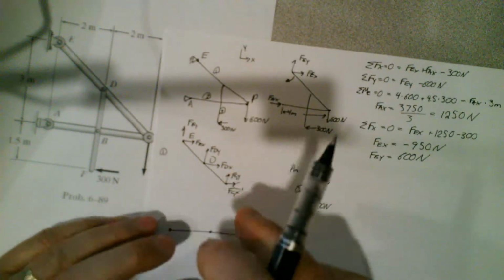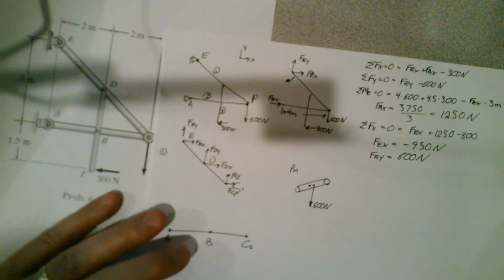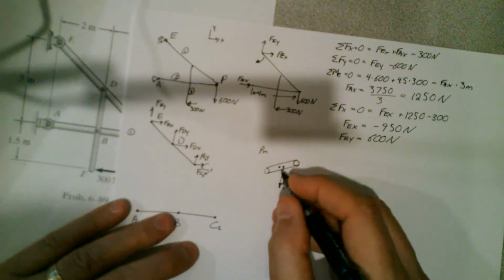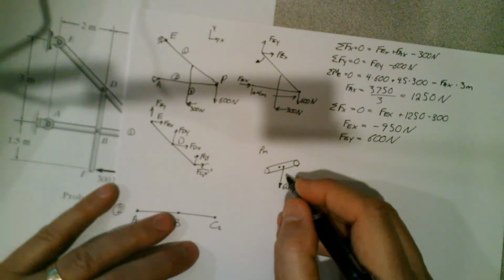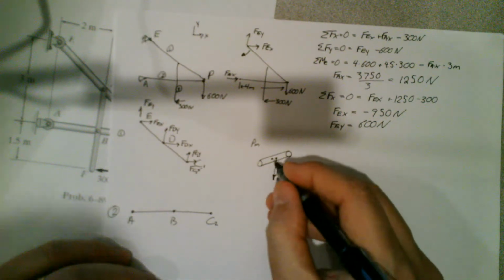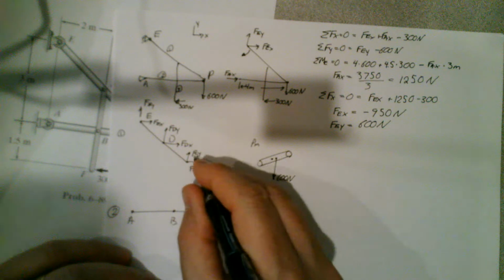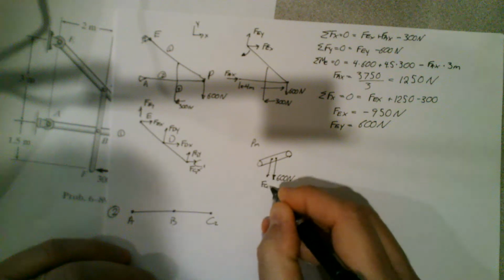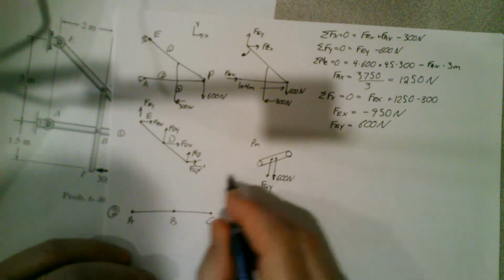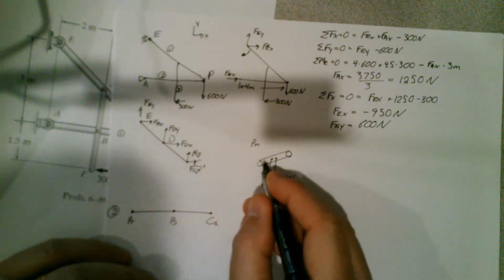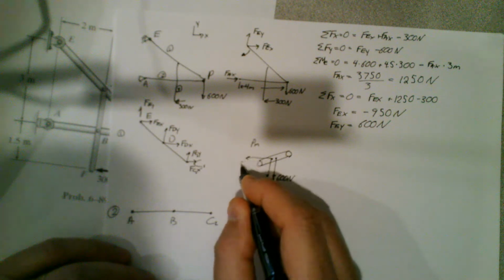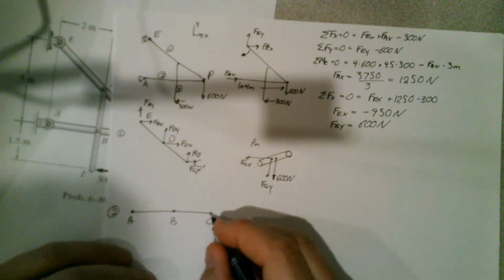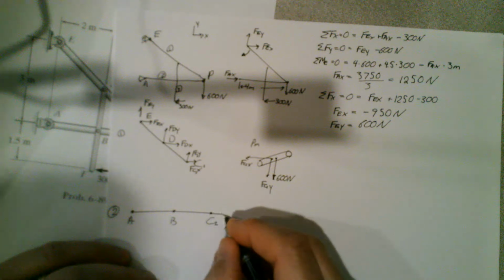So if you looked at the end, is it a clevis or whatever, but we're not going to make all those assumptions just now. It doesn't ask for it. So because that's going up, FC1, this here will be FC1Y. And then since it's positive in that direction, we'll have FC1X.